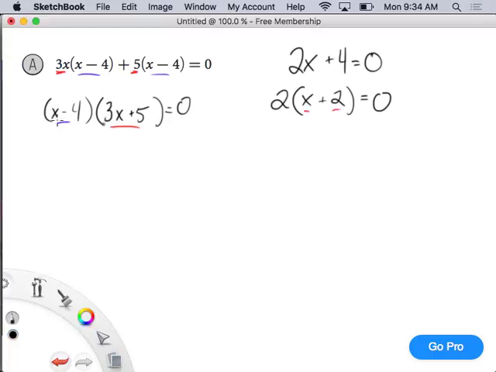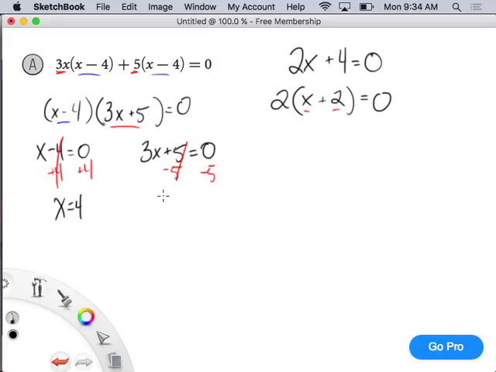Okay, so now we set them both equal to 0. We get x minus 4 equals 0, and 3x plus 5 equals 0. Now we solve for both. Here we add 4 to both sides, and we get x equals 4. This one is a two-step equation.